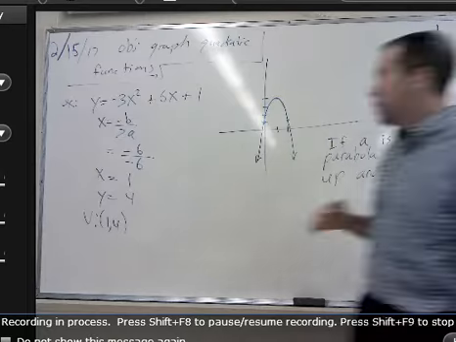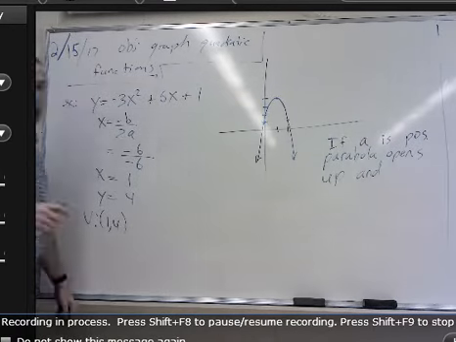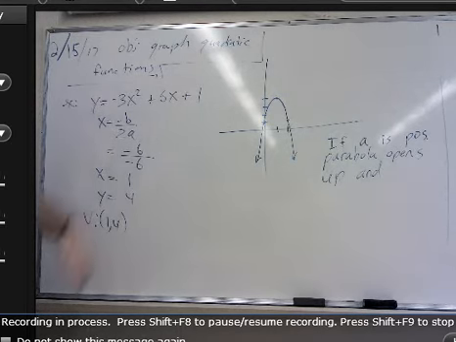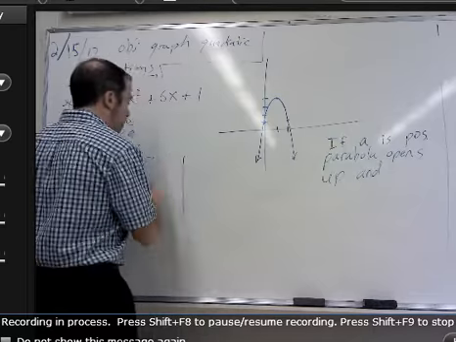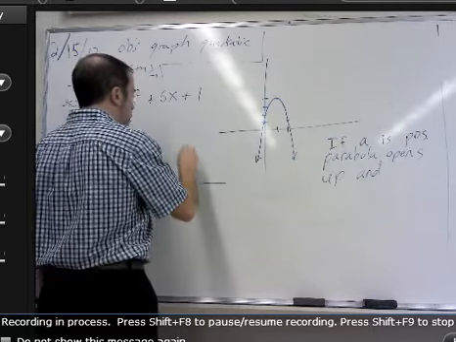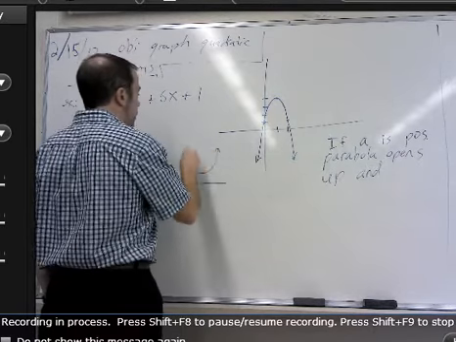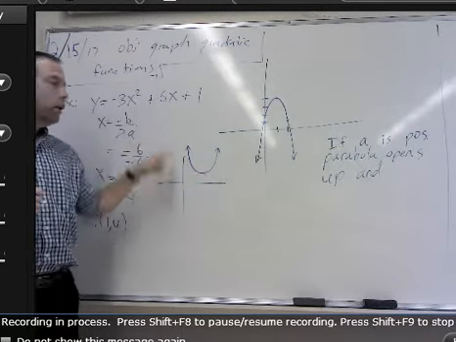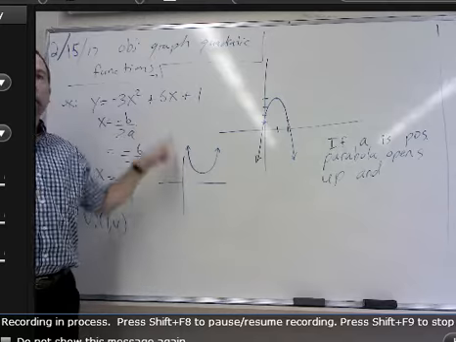I'm just going to draw a little sketch of an opening up parabola. If I had more board space, I would have left this here and made a connection to a problem we're doing a little bit later. So does this parabola have a minimum value or a maximum value?